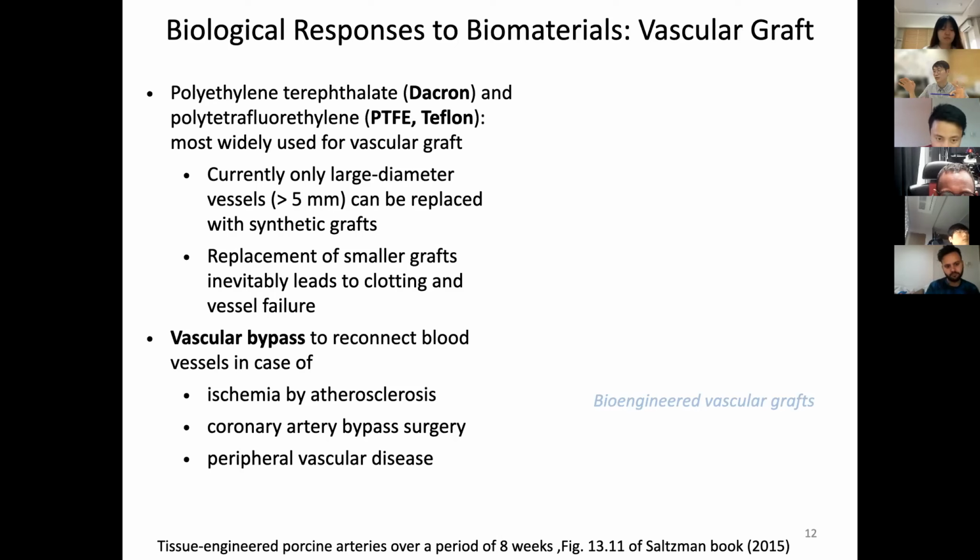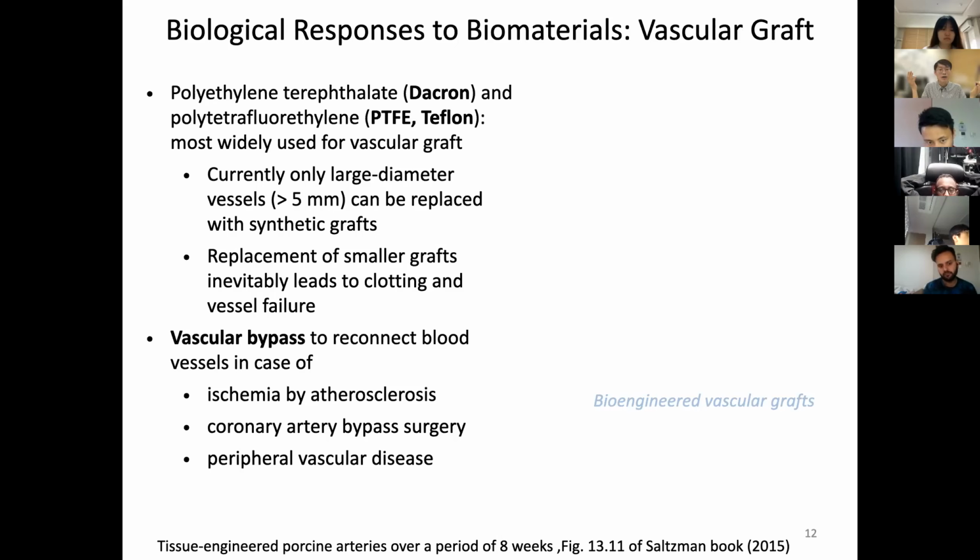So that's a vascular bypass when there's ischemia by atherosclerosis, or coronary artery bypass graft surgery, which we call CABG or cabbage surgery, which requires open heart surgery, or for peripheral vascular disease. So sometimes we use a vascular bypass.